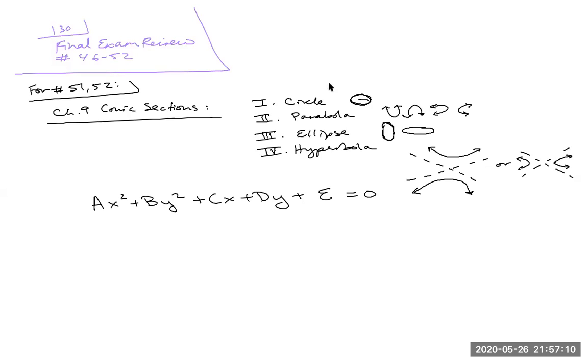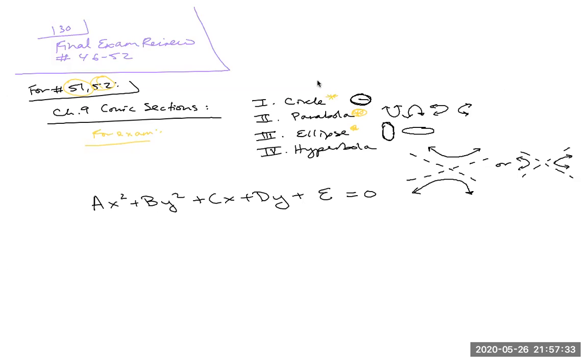Now for your exam, you'll be responsible for the circle problem, particularly the type from problem 51. You'll be responsible for parabolas because we've been dealing with those for quite some time. And you'll be responsible for the ellipse stuff that we also cover today.